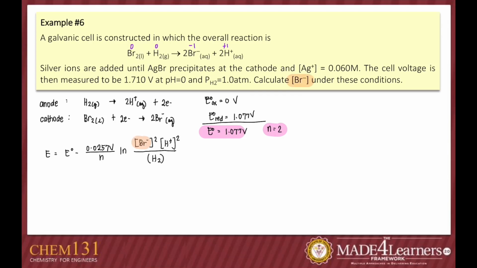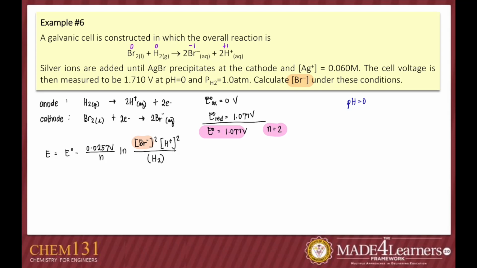So we can see that we are given the pressure of the hydrogen gas, and we are given the pH of 0, so we can solve for the hydrogen ion concentration. So what is the hydrogen ion concentration if the pH is 0? pH equals 0.